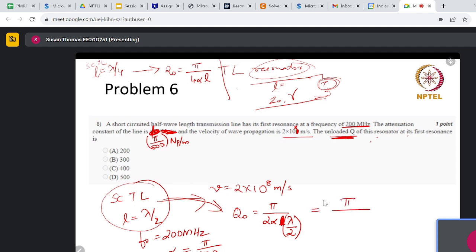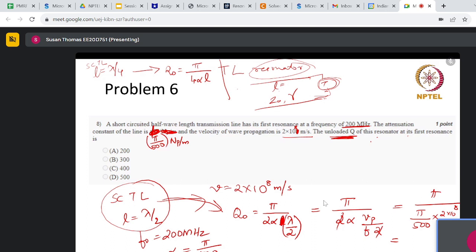So pi by 2 alpha, and the length is, sorry, lambda is Vp by F. So 2 gets cancelled. Pi divided by alpha is pi by 500 into Vp is 2 into 10 power 8. Did we miss something?